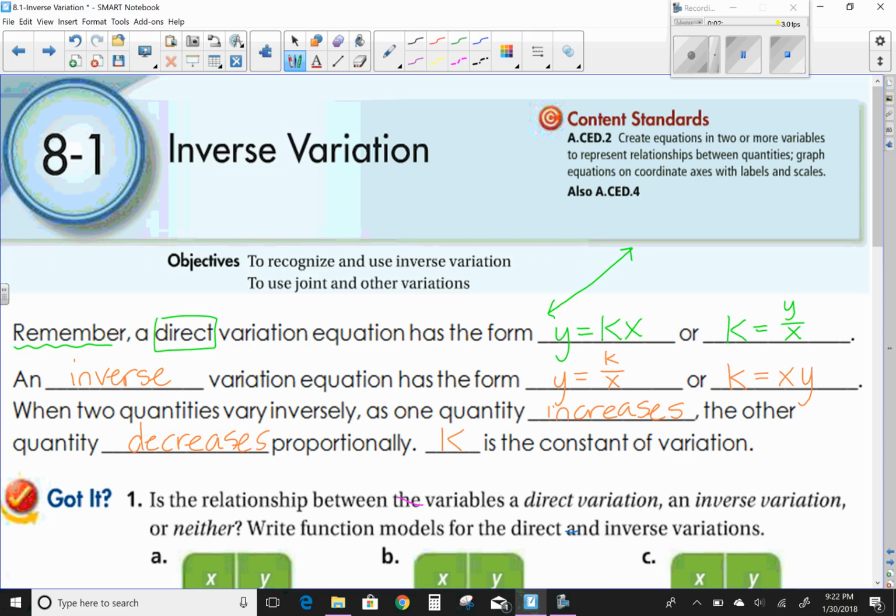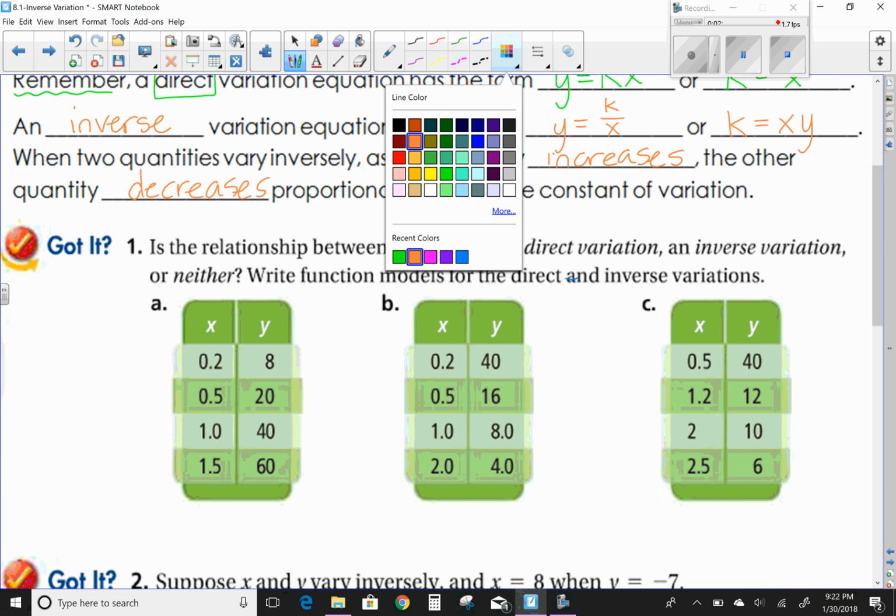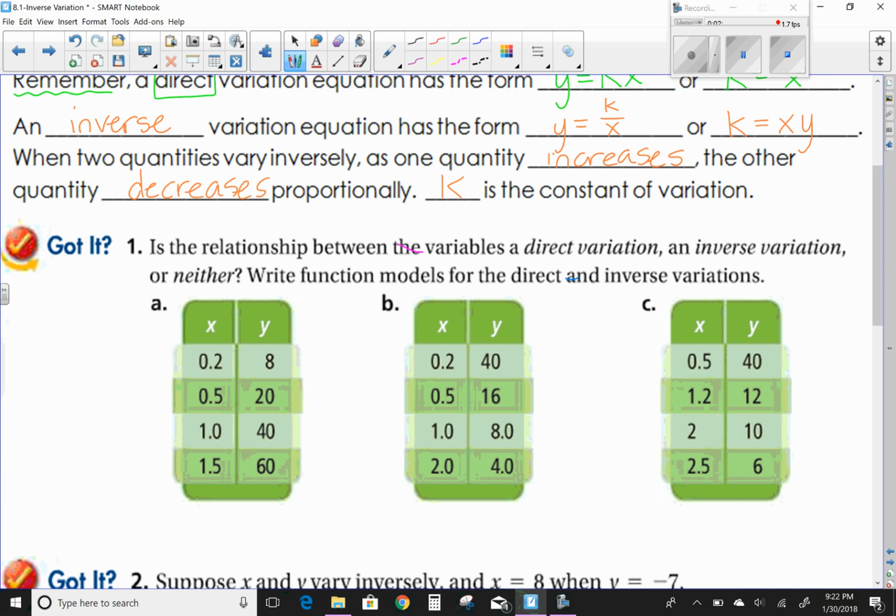So what you should be able to do is look at a table of values and decide whether the relationship between the variables is a direct variation, an inverse variation, or neither. For inverse variation, we're going to look at the values and see if we get the same thing every time we multiply x and y, or if we get the same thing every time we divide them.